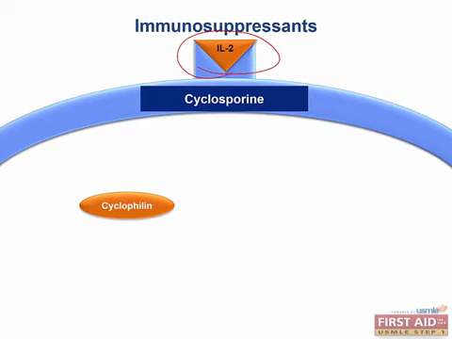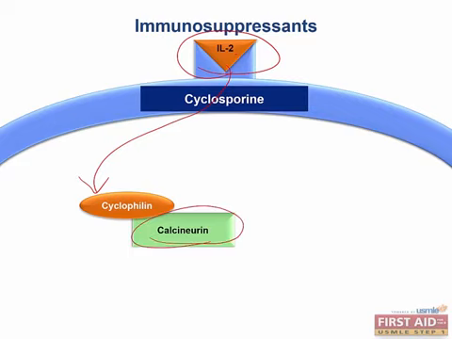And this is what you may not remember, but the downstream effects of interleukin-2 binding to the interleukin-2 receptor on T cells leads to activation of cyclophilin that then causes a cascade of events and stimulation to occur.